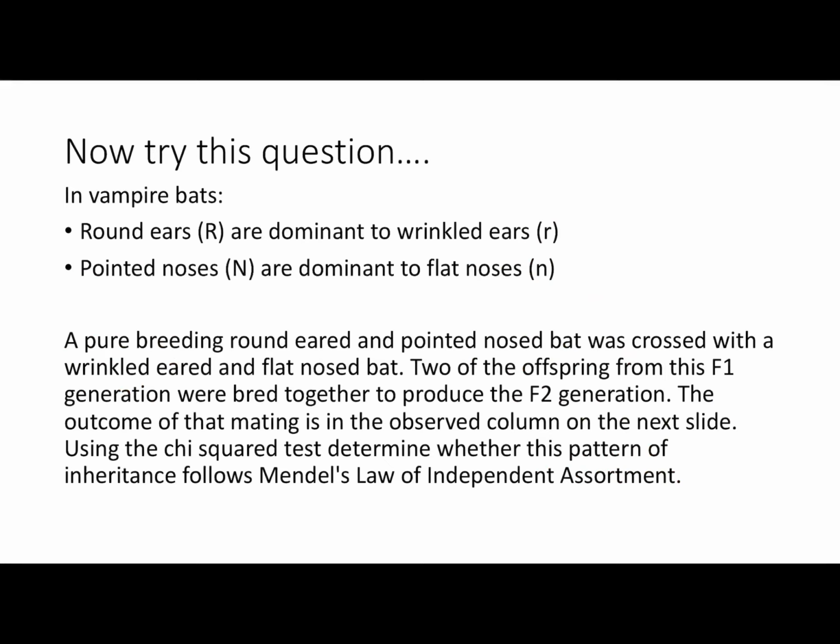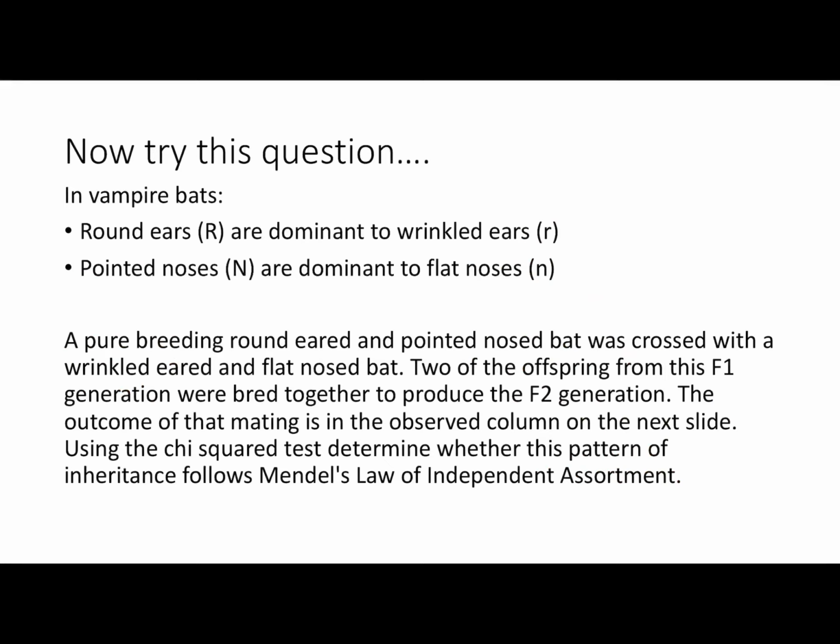In vampire bats, round ears are dominant to wrinkled ears, and pointed noses are dominant to flat noses. So a pure breeding round-eared and pointed-nosed bat was crossed with a wrinkled-eared and flat-nosed bat. So we've got our homozygous dominant, and we mate that with the homozygous recessive. And then we produce the offspring, the F1 generation.